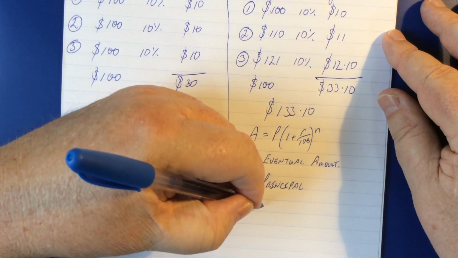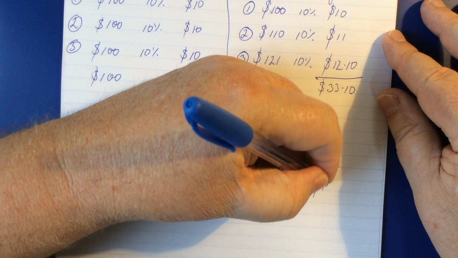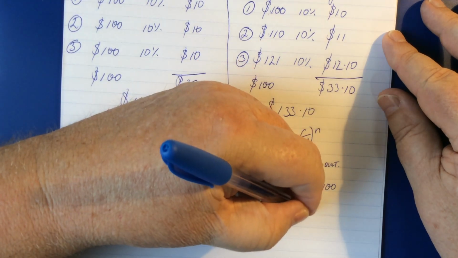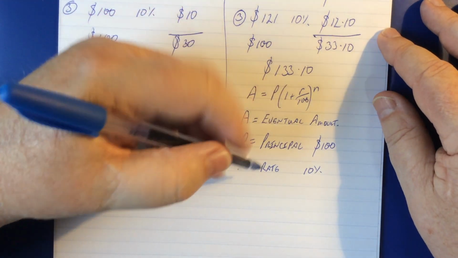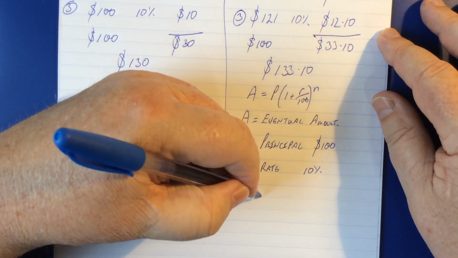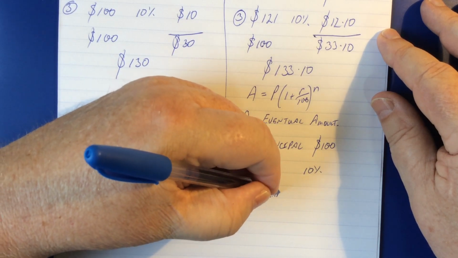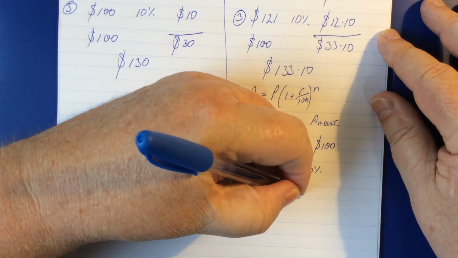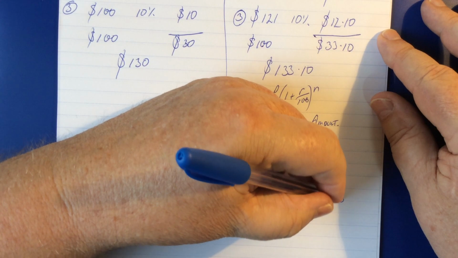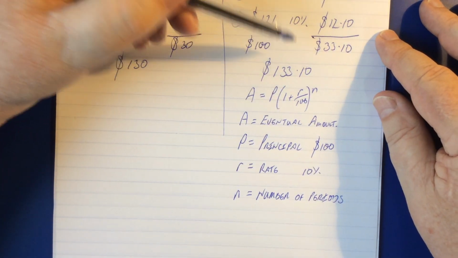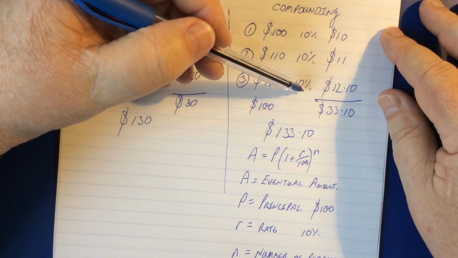Little r is our rate. And in this case, so just to remind you, that was $100 and this was 10%. And n is what we call the number of periods. Now, in this case, it was 3 periods of 1 year each.